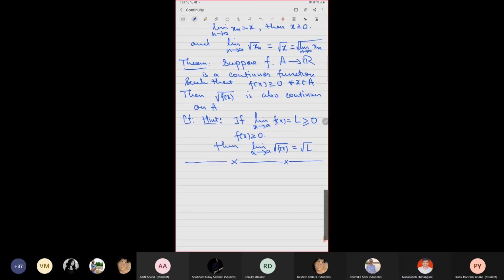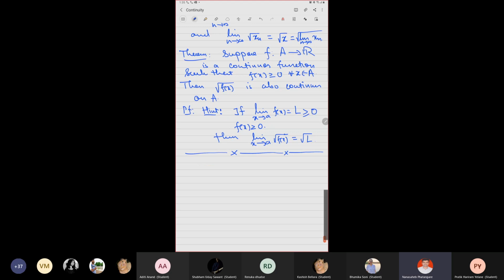So for example, let f(x) be equal to the square root of (x square minus 1) upon (x plus 2).